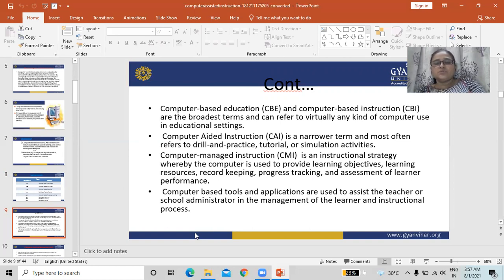Computer based tools and applications are used to assist the teacher or school administrator in the management of the learner and instructional process.